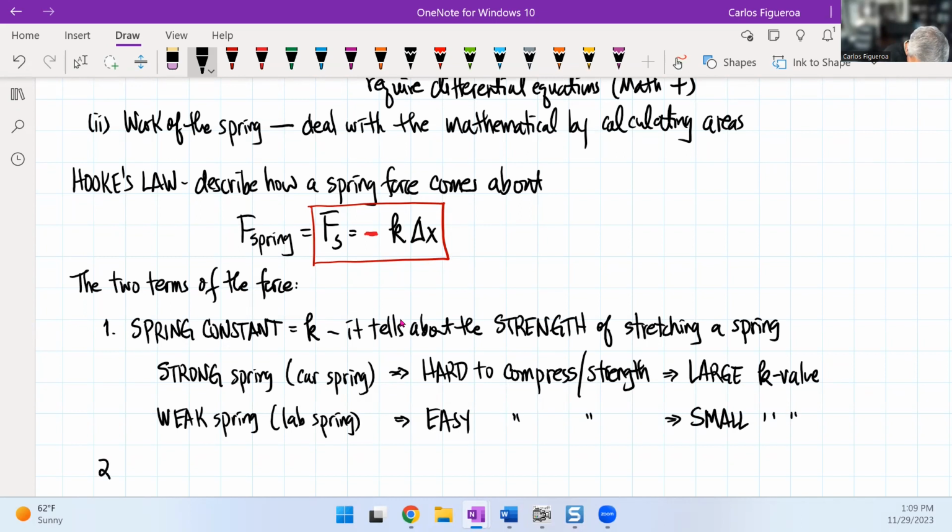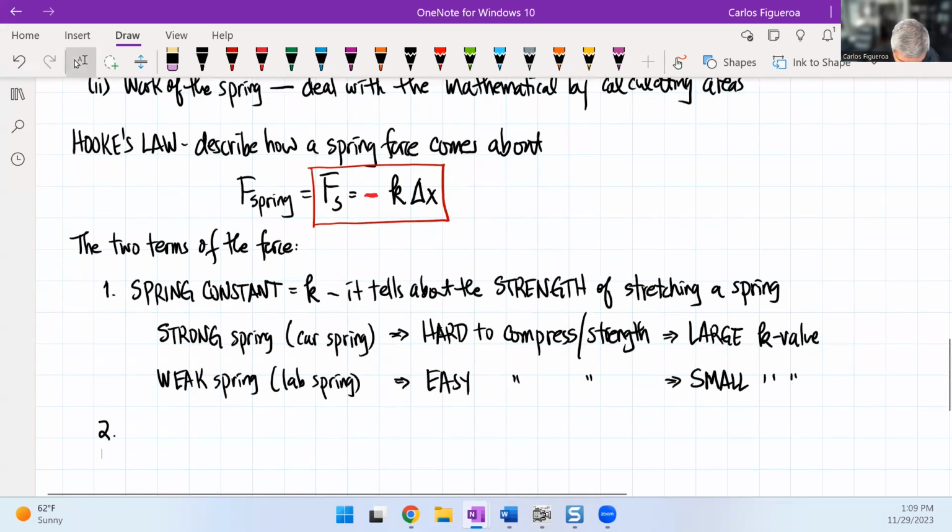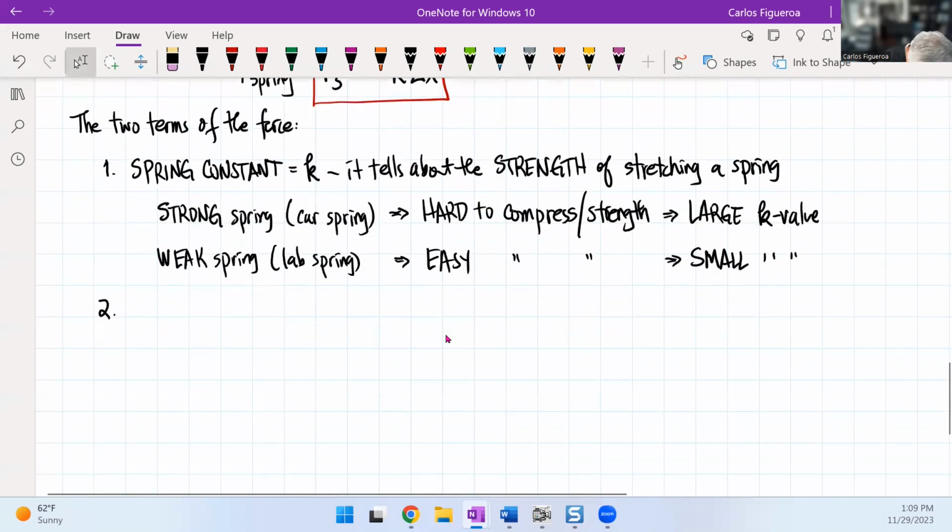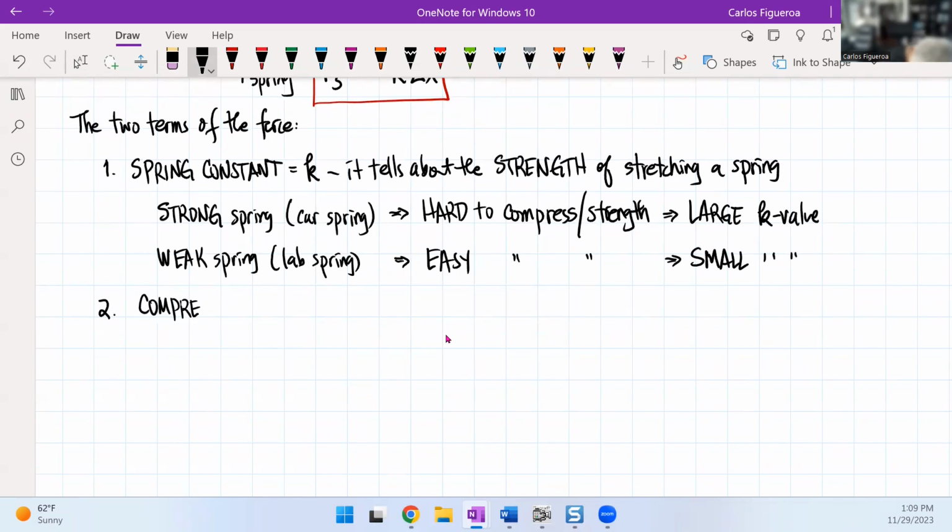The other thing to look at is that the compression or stretching distance is what we call delta x.